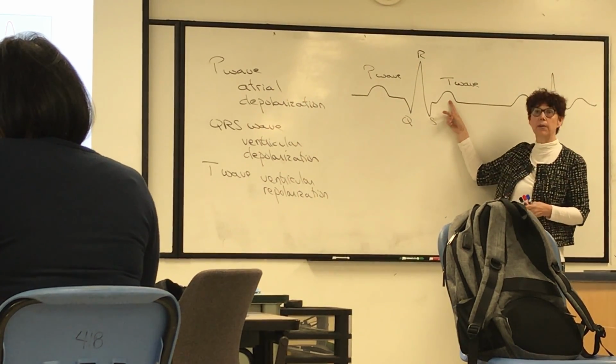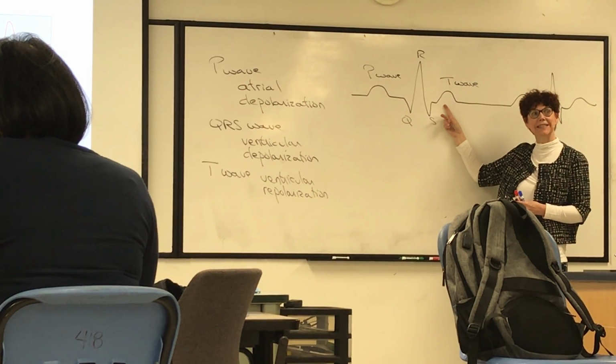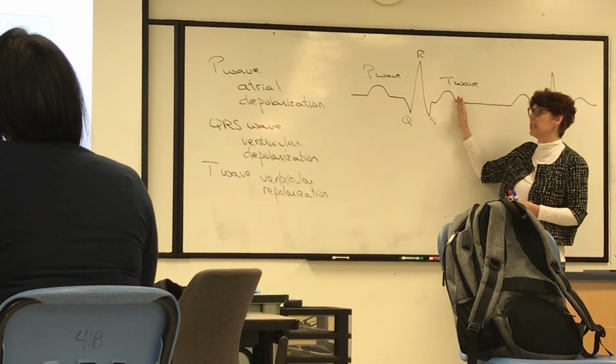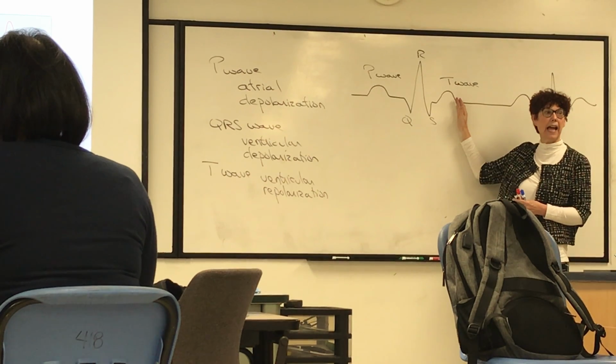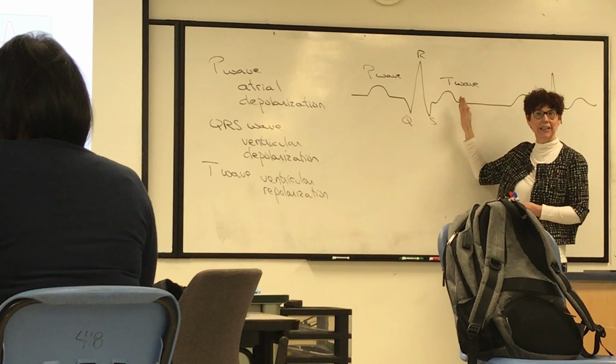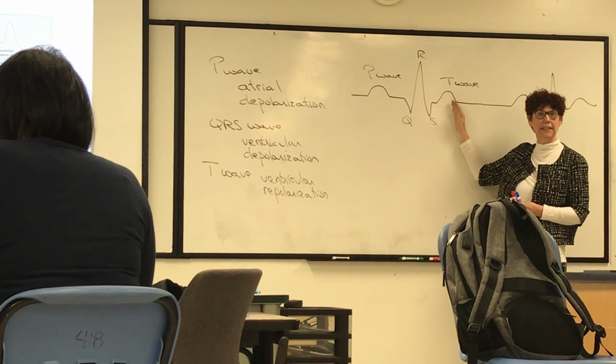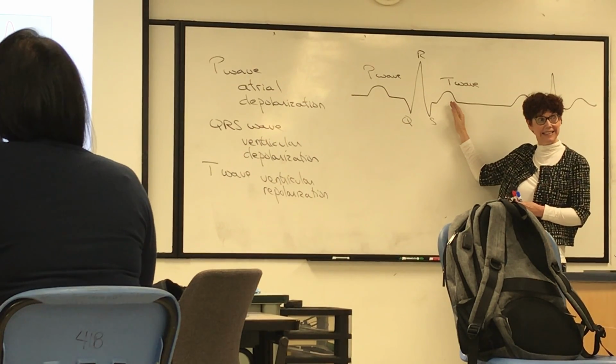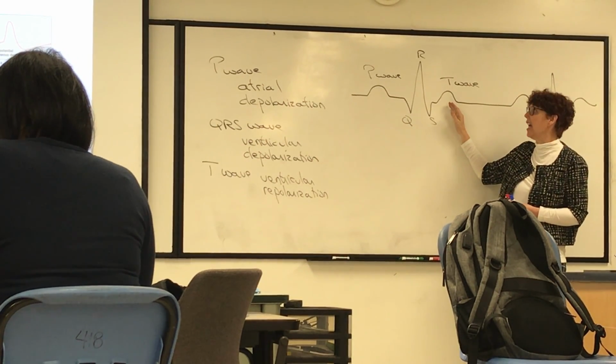What would the ventricles be doing as a result of the T wave? So by the end of the T wave, this is repolarization, the ventricles will have, it also starts with the letter R, relaxed. Yeah, okay?